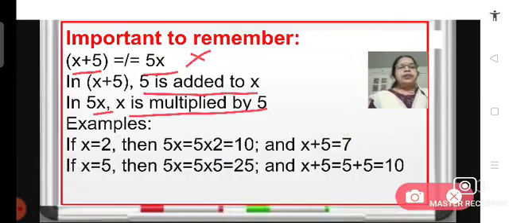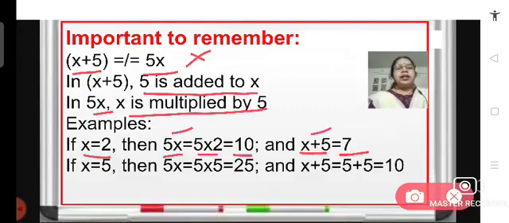For example, if x is equal to 2, then what will be 5x? That means 5 multiplied by 2, it will be 10. And what will be x plus 5? It will be 2 plus 5, that means 7. So, aren't they different? Yes. So, we can understand that 5x and x plus 5, they are not equal.